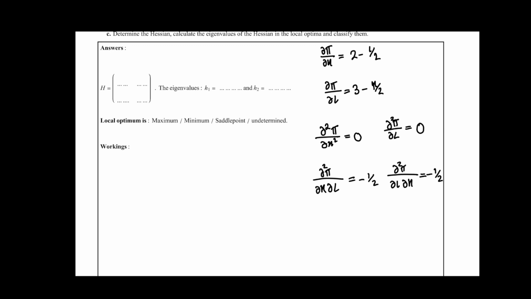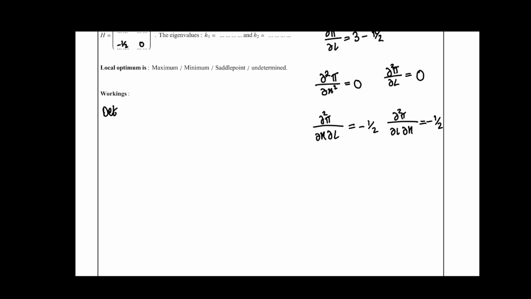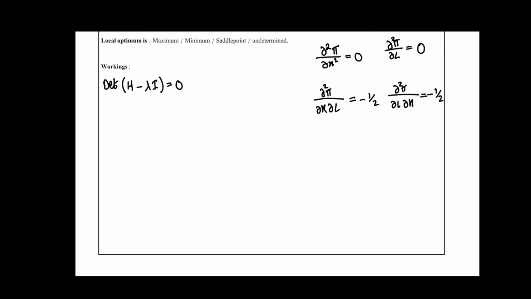So our Hessian would be 0, minus a half, minus a half, and 0. To work out the eigenvalues, we will have to use the characteristic equation that we saw before. So that's H this time minus lambda I is equal to 0. So that minus lambda, minus a half, minus lambda is equal to 0.